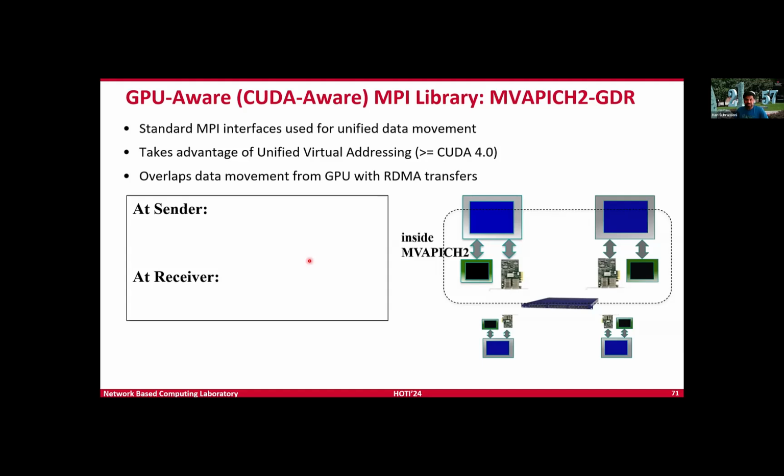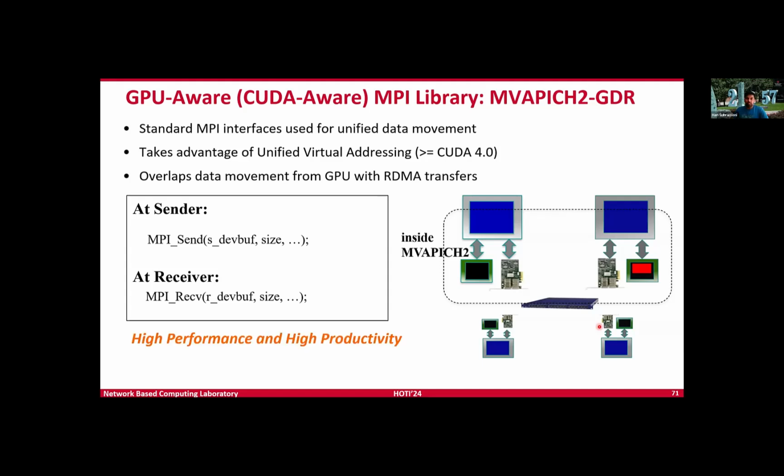So we rethought this idea and thought, could we give the device buffer directly to MPI and have MPI orchestrate the communication from the GPU on one device to the GPU on another device through any different path? And we choose the best possible communication path, leading to the best performance and best productivity for end users.